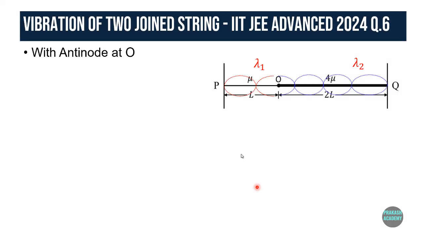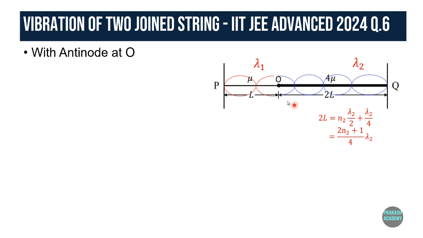Now let us analyze the problem when we have an antinode at this position O. If I have an antinode at O, this means the particle will have maximum amplitude at this position. So I will have something like this from this string, and from this string like this. So this will be lambda by 4 only, and this will be lambda by 4.